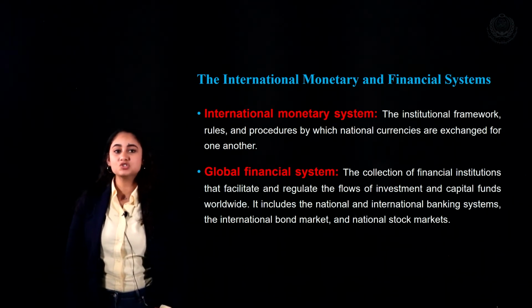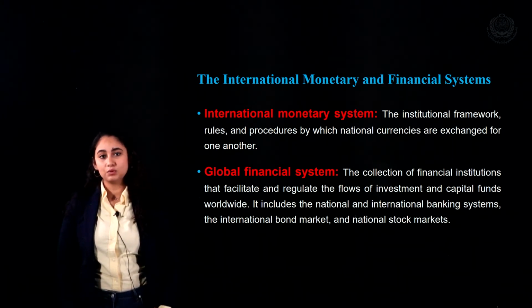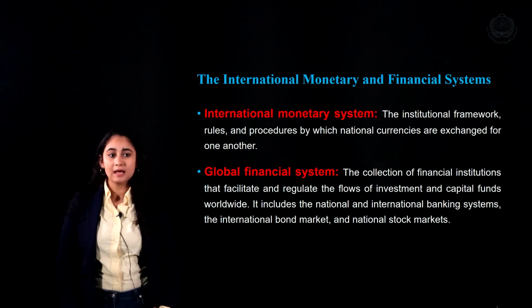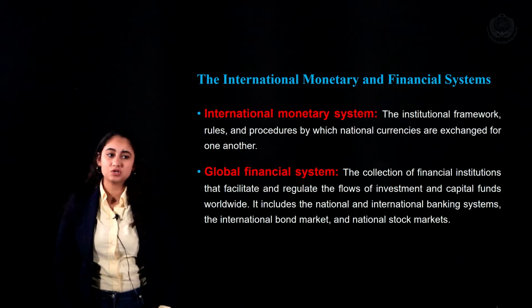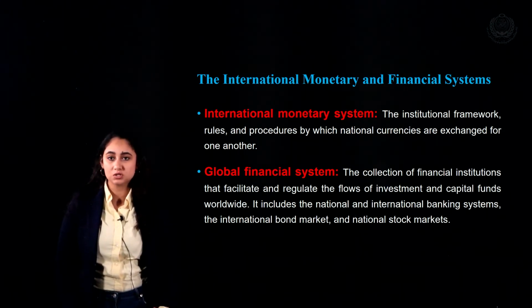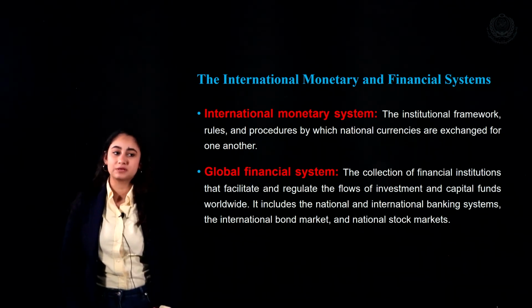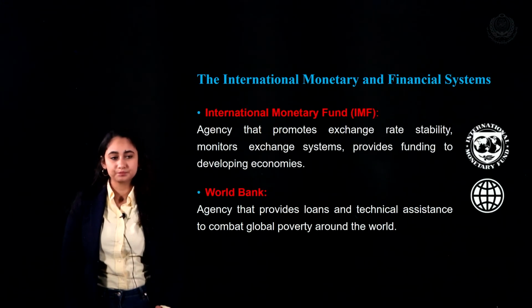So when I'm engaging in international business transactions and financially transferring different currencies, I have to abide by the international monetary system that is set by such institutions. Also, the global financial system is the collection of financial institutions or entities which facilitate and regulate the flows of investment and capital funds on a worldwide scale.